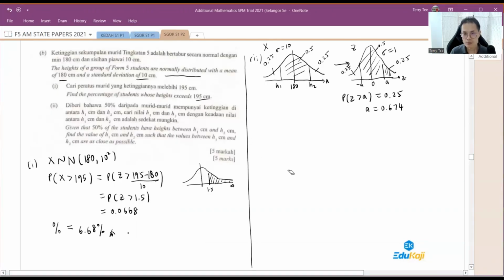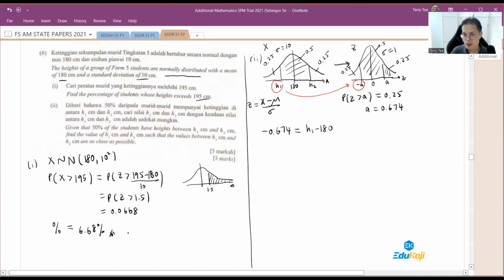Well, from here, now we need to take your x value. Remember, x minus mu divided by standard deviation gives us our z. So my first z, when you standardize this, will be negative A, which is negative 0.674. My H1 is what I'm finding.